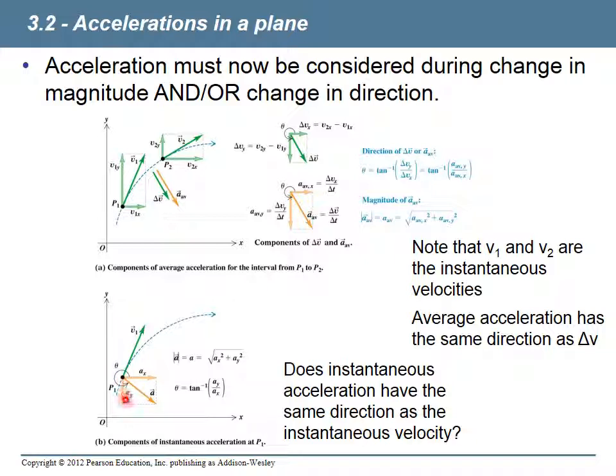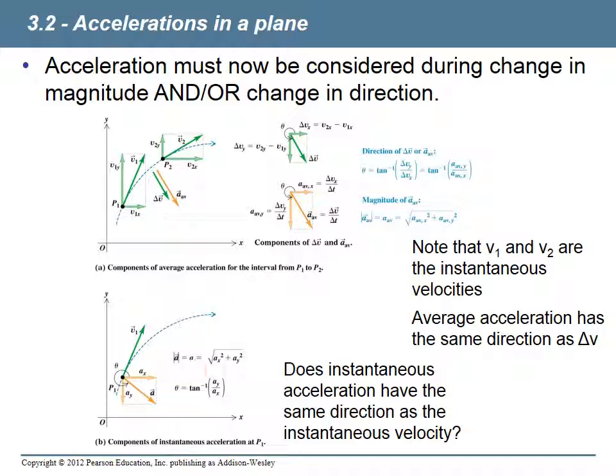So the instantaneous acceleration is something that's down a little bit and something that's right a little bit. So we have our instantaneous component in the x direction of acceleration here, and the y component of instantaneous acceleration down here, and our instantaneous acceleration vector looks like this.